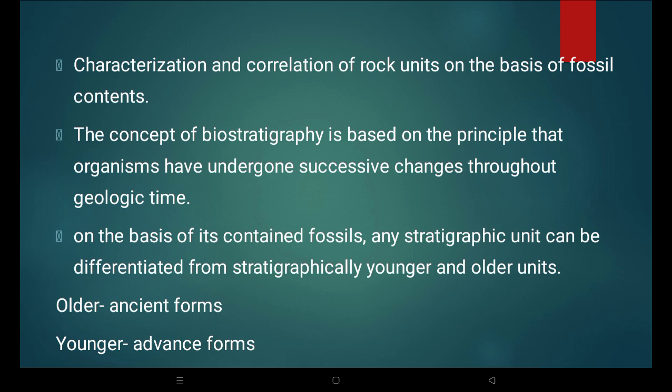On the basis of the fossil content, any stratigraphic units can be differentiated as younger or older. As I told, the older strata consist of ancient forms, and the younger strata consist of advanced forms.